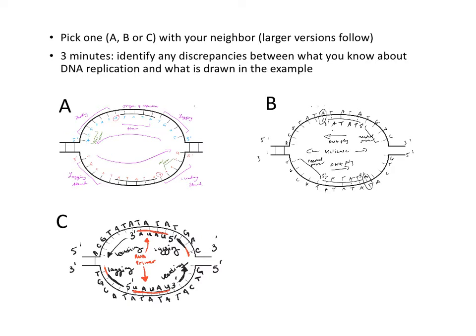So if you're looking at the slides, you can scroll to the big picture. You don't have to try to read these little icons. Figure out if there are any discrepancies between what we know about DNA replication and what is drawn in these three diagrams. Take 3 minutes or so, discuss with each other, convince yourselves that you are right, and then we'll get back together and we'll go through and evaluate each of these three and see what's right and what needs to be corrected. Okay? So it should get pretty noisy in here. Go.